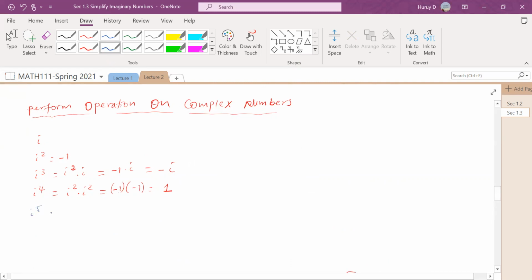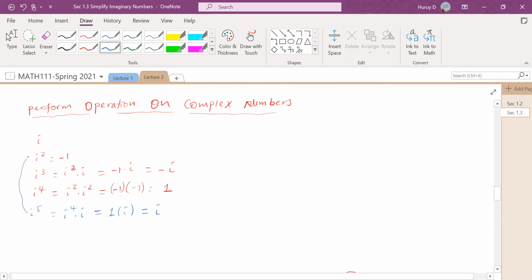How about i to the 5th? This is i to the 4th times i. We can split this one. If you remember how to write powers of exponents, we can write this one in this form. i to the power of 4 is 1, so I can write 1 times i, which is i.